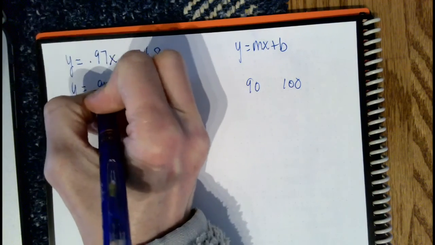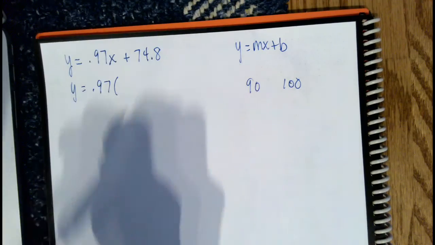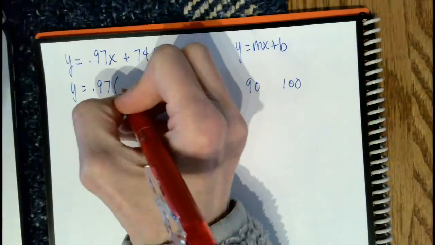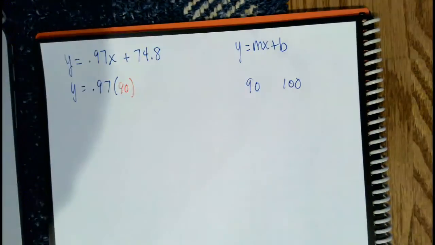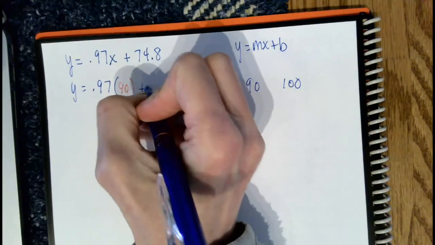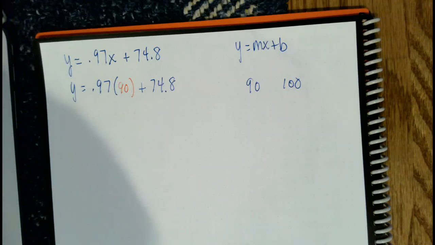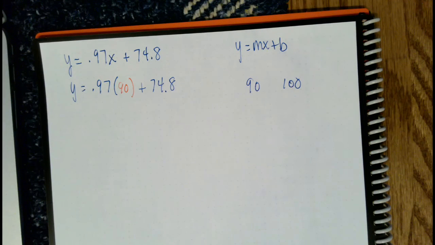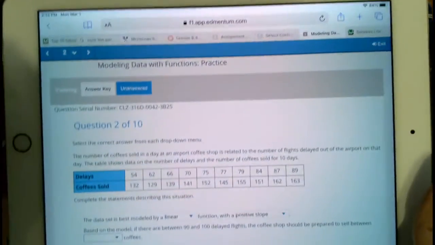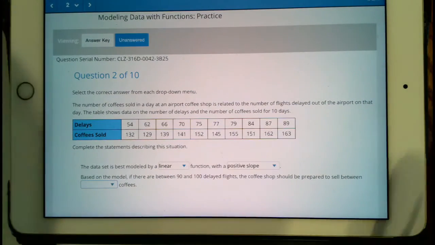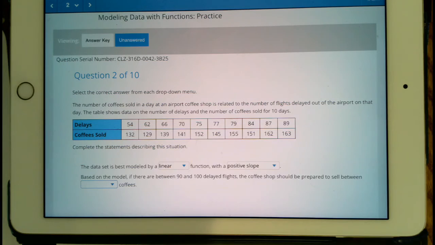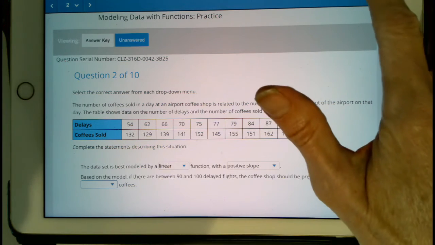So I am going to have to flip back over to Desmos one more time. We're going to put 90 in here, and maybe just doing one will be enough. We're putting 90 back in for the x, because x are the flight delays.